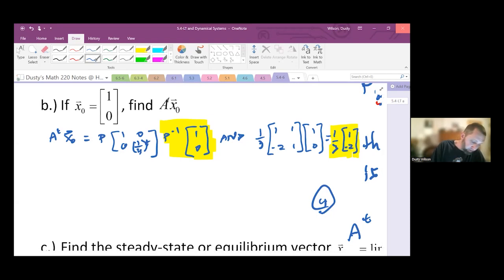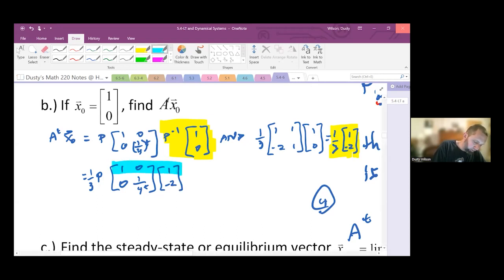Continuing on, A to the t times x naught is equal to P times [1, 0; 0, 1 over 4 to the t], times, pulling the 1/3 out front, [1, -2].